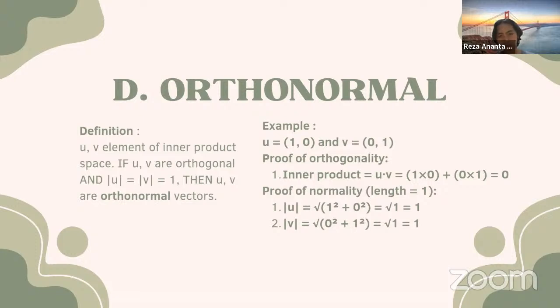So both of them have norm equal to 1. So we can see that they are orthogonal and the norms of them are equal to 1. So they are orthonormal. Okay.